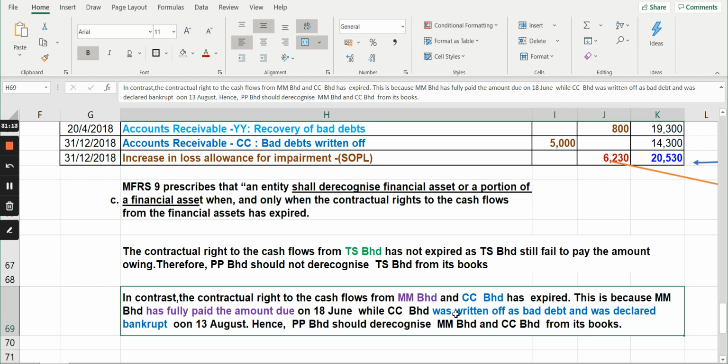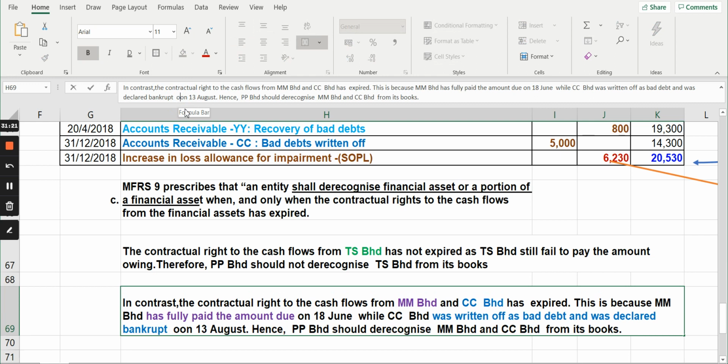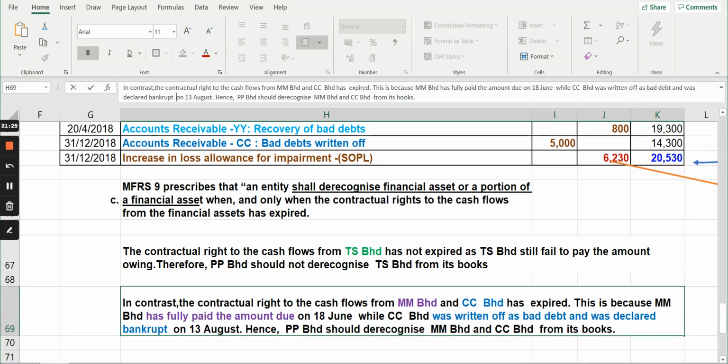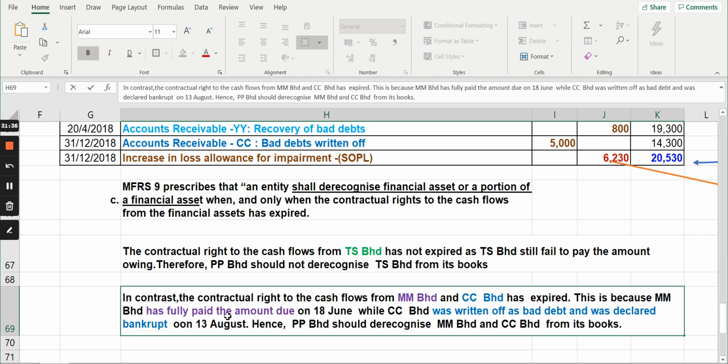Whereas CC, you have written off as bad, and the company was declared bankrupt on the 13th of August. Hence, therefore, PP should de-recognize both MM Berhad and CC from its book. So that's how you answer it.